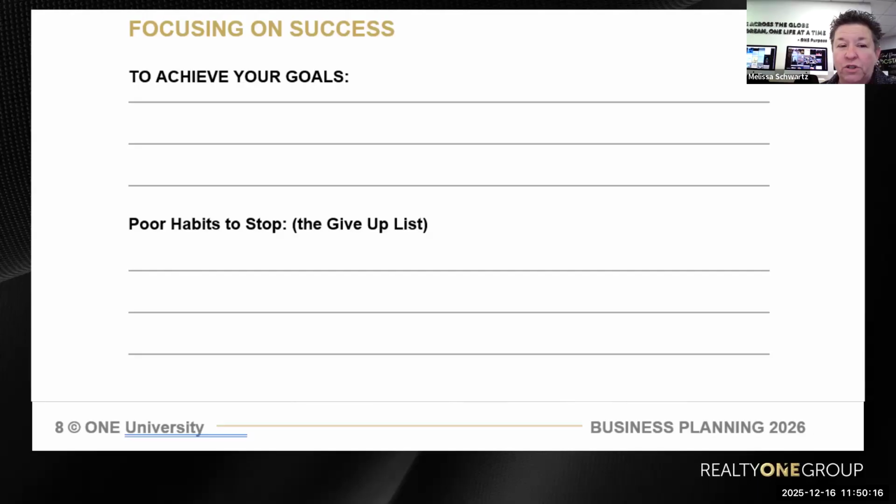To achieve your goals, what are the poor habits to stop? Oh, well, you brought one up. Don't go to the coffee shop every day. That's a huge expense. That is very funny, folks. When I did short sales, I can't tell you how many bank accounts I looked at where people were going to Starbucks every single day.